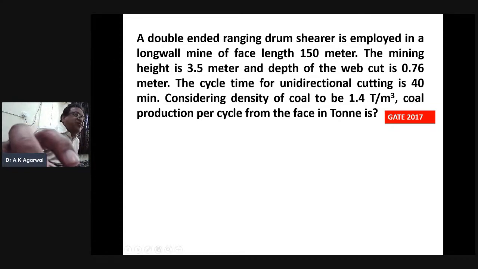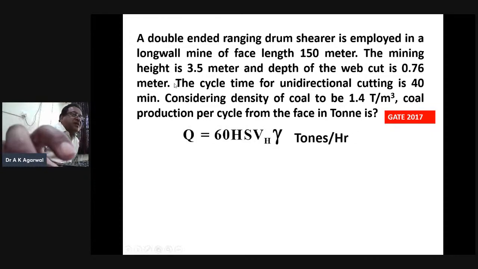If length of the face is 150 meter, and depth of the cut is 0.76 meter. So a very simple and straight question, and it doesn't need much assumption. So this is the production per hour from a shearer: 60 H S VH into gamma.